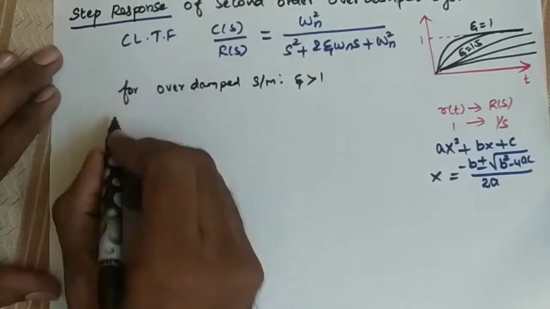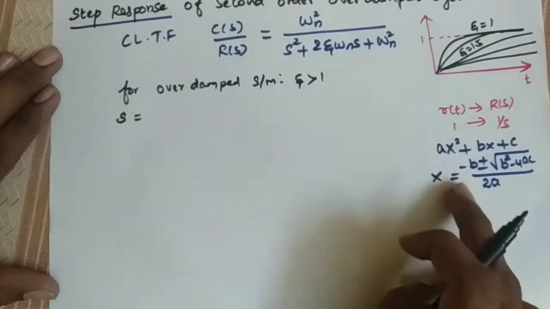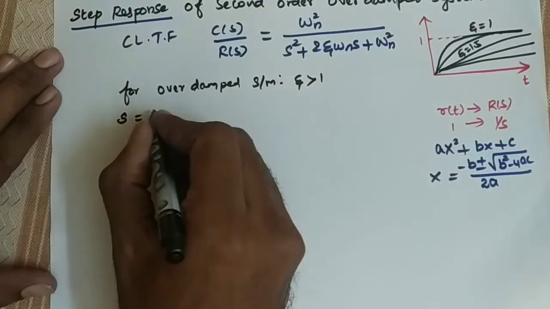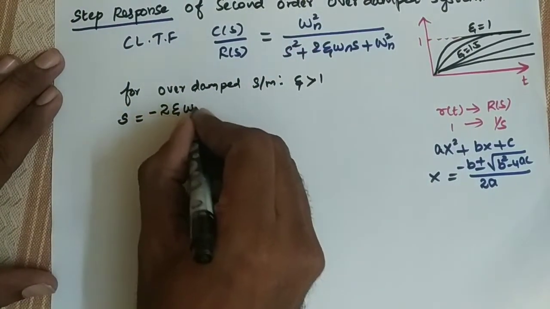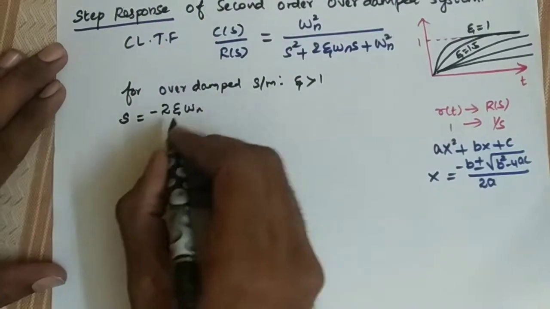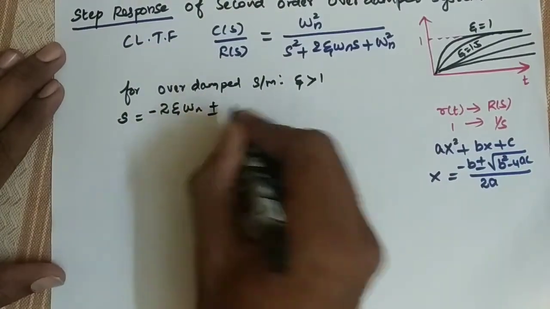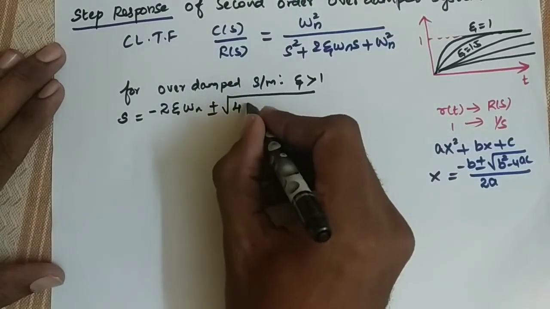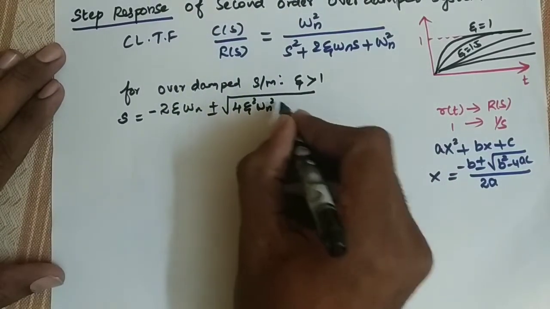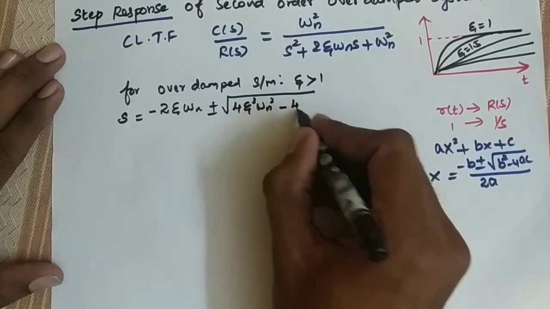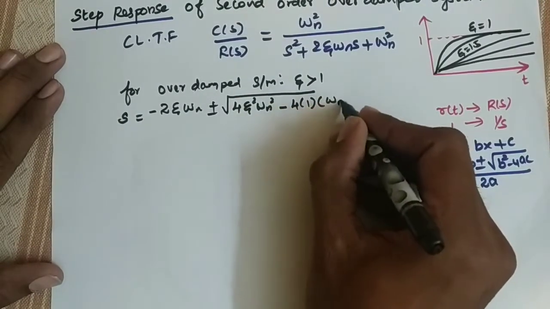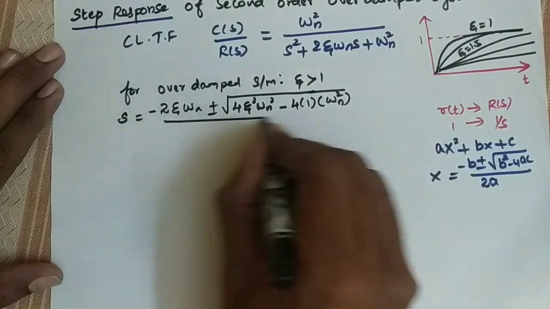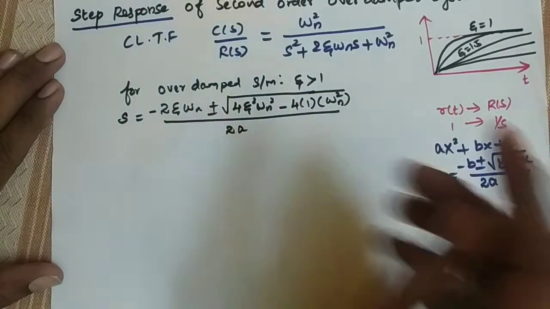So s equals minus b, which in this equation is 2 eta omega n, plus or minus the root of b square, which is 4 eta square omega n square, minus 4 into 1 into c, where c is omega n square, divided by 2 into a.